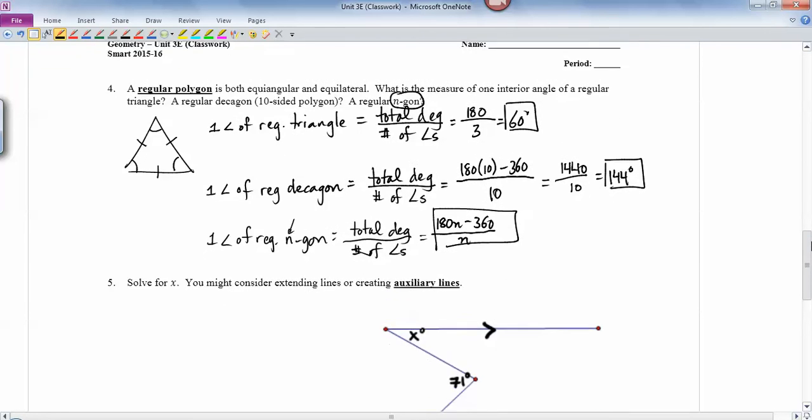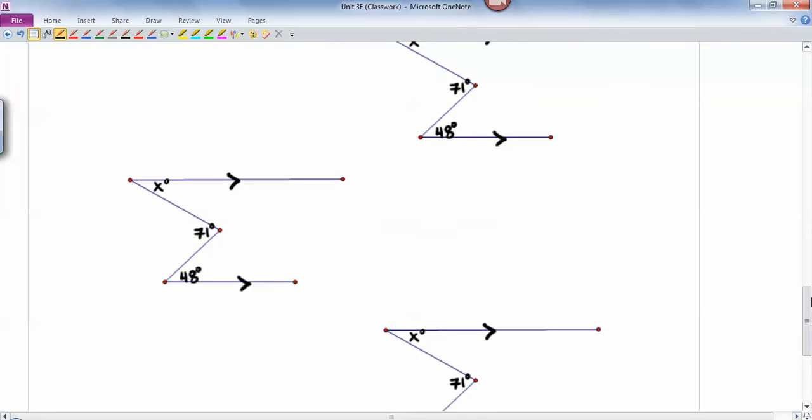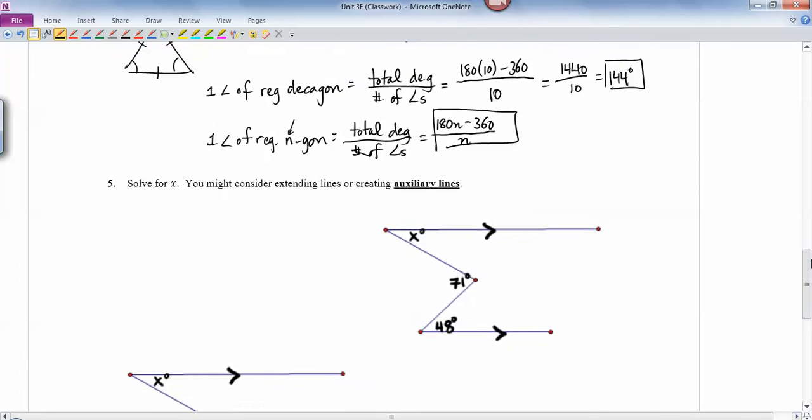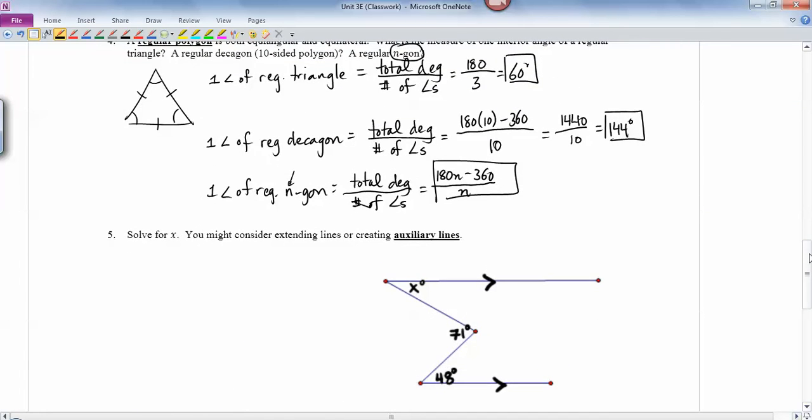Okay, and then the last problem here, I actually drew it 3 separate times. Depending on how you solve it, the last problem doesn't actually have to do with polygons. It's just more review of parallel line stuff. But this one talks about extending lines that already exist or creating something called auxiliary lines, which are helping lines.